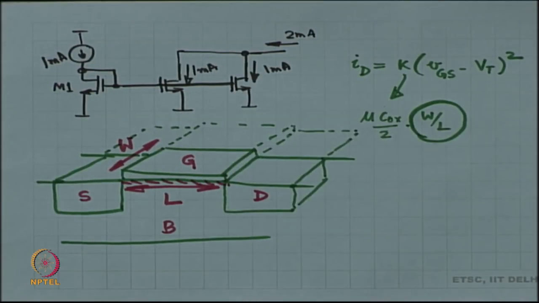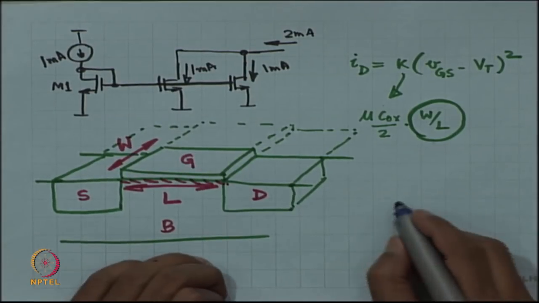So, the current is proportional to W by L, where W is the width of the channel, L is the length of the channel, okay, width and length of the gate of the MOSFET. Fine.